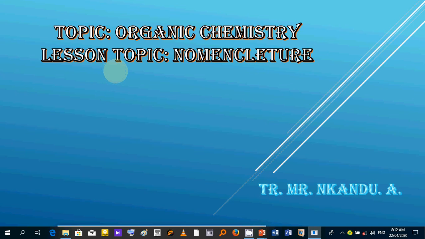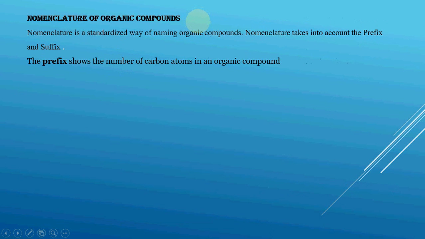But everything that we'll be doing will be based on the few facts that we are going to cover in this lesson now. So we're simply saying we want to understand the IUPAC, the standardized way of naming organic compounds, and that's what we're calling the nomenclature.